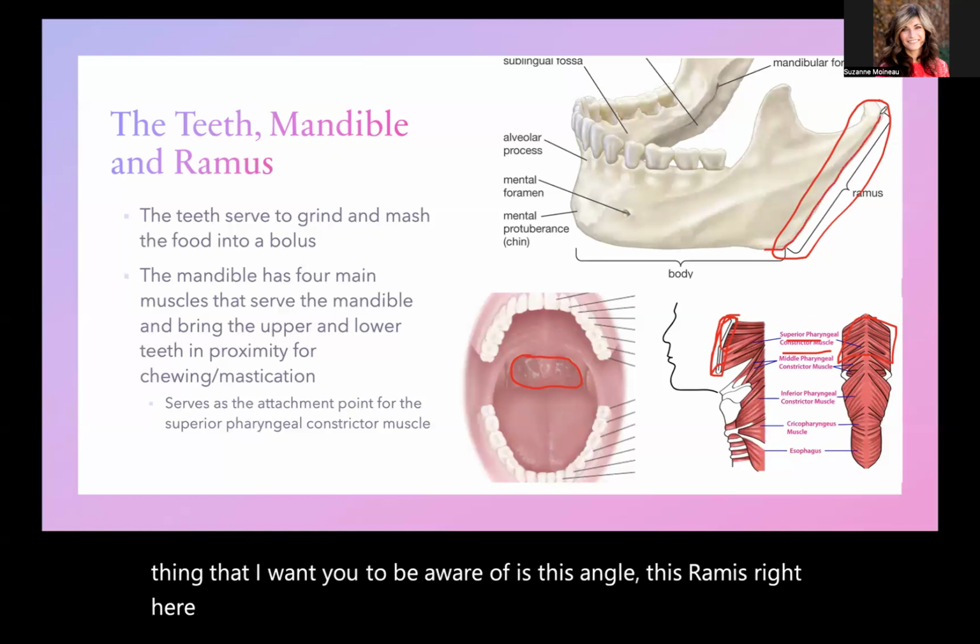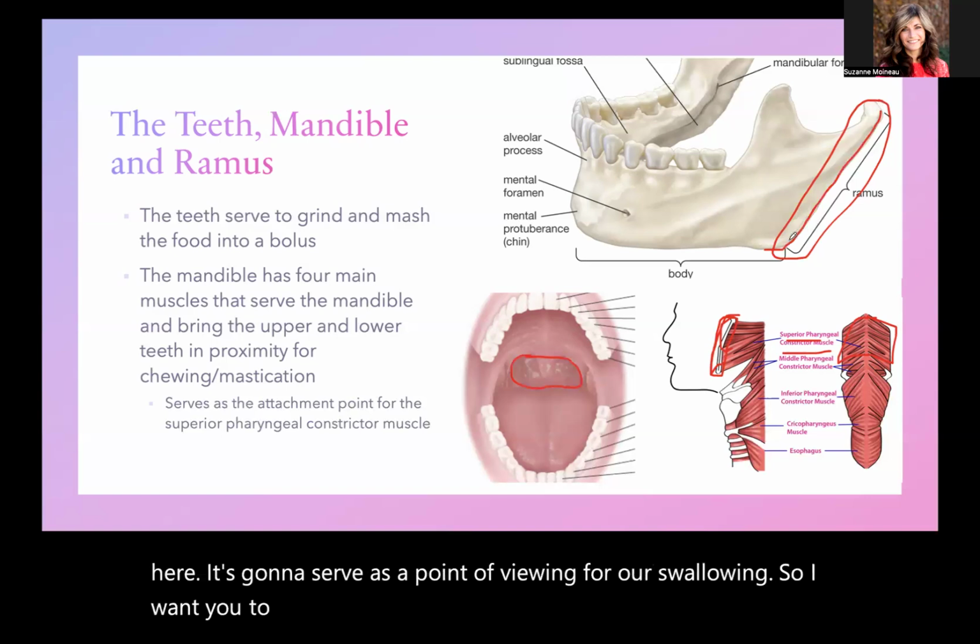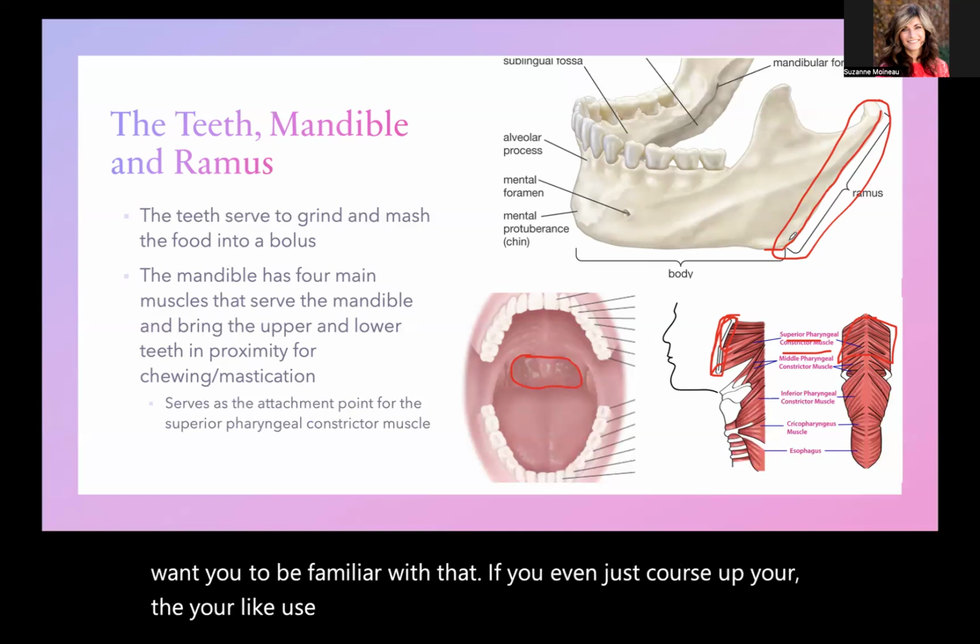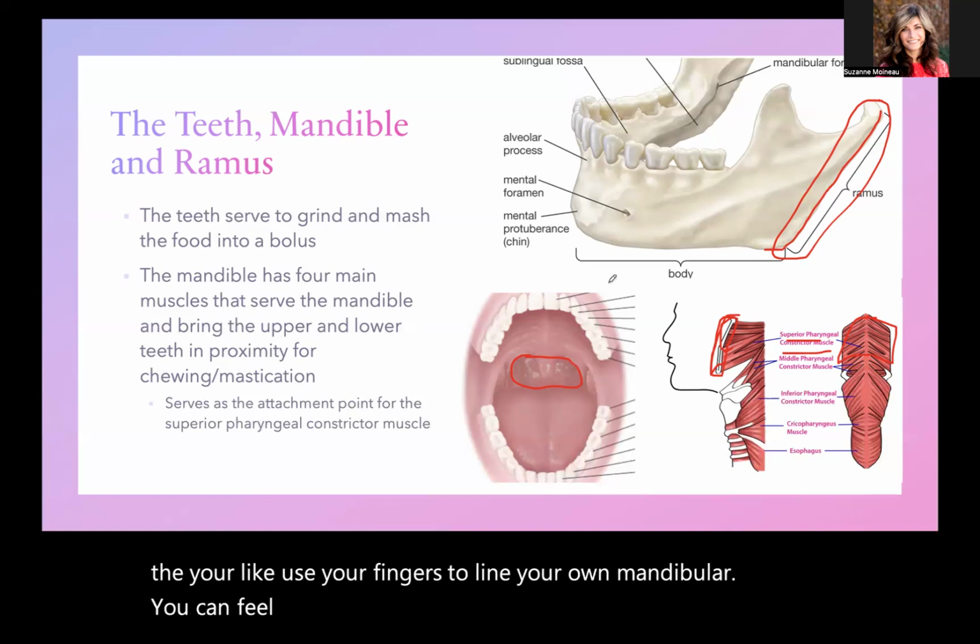It's going to serve as a point of viewing for our swallowing. So I want you to be familiar with that. If you use your fingers to line your own mandibular ramus, you can feel the ramus on the side of your face.